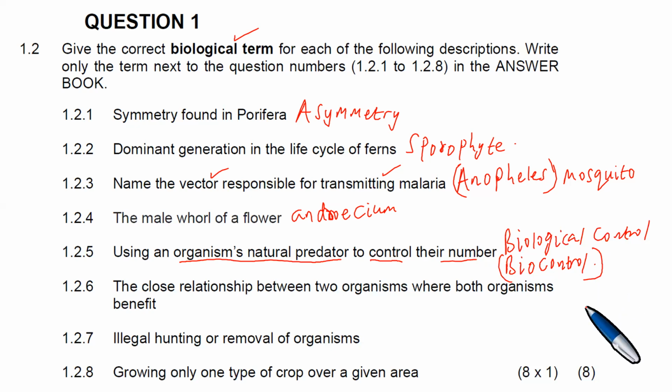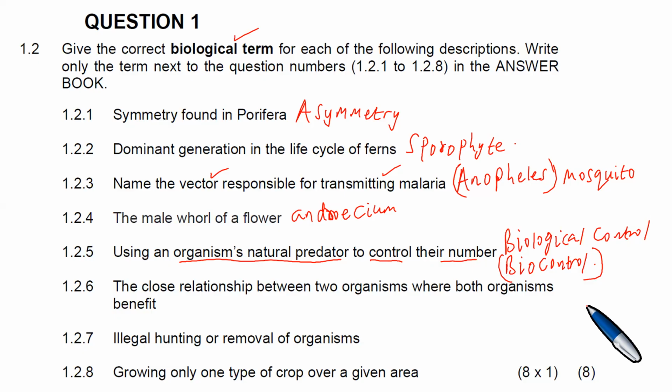So biological control would therefore mean using an organism's natural predator to control their number.